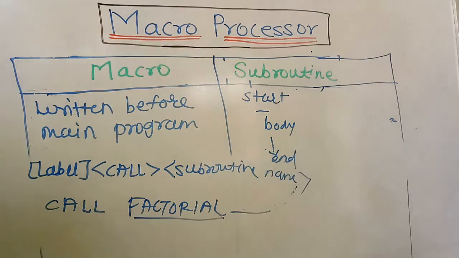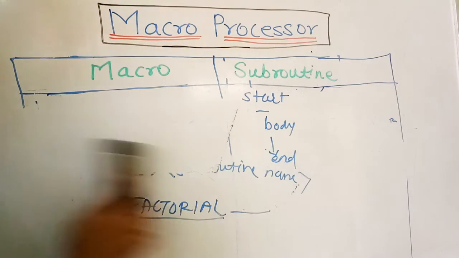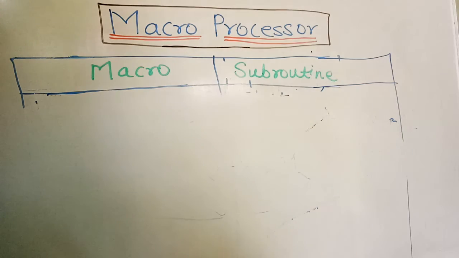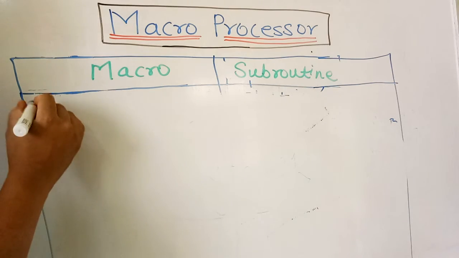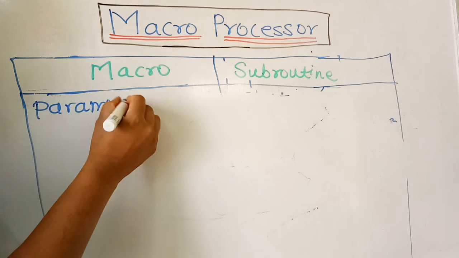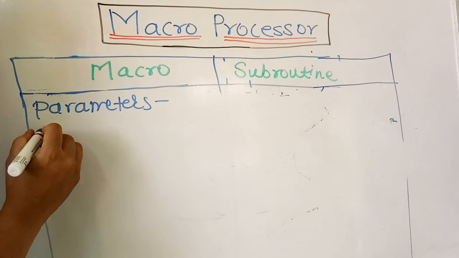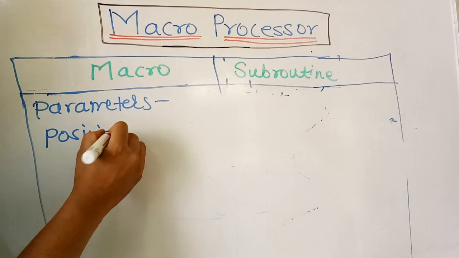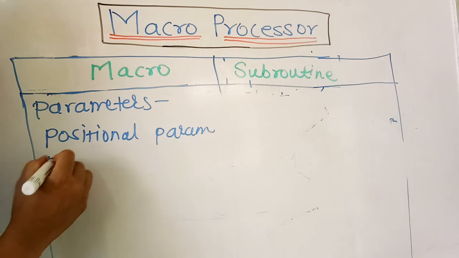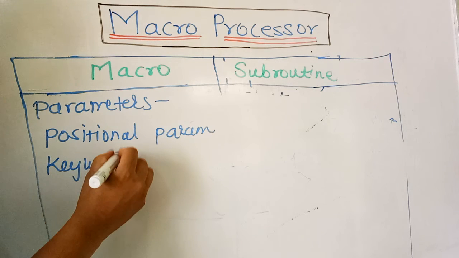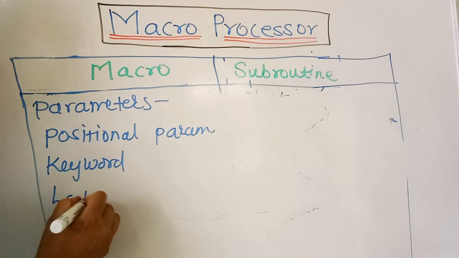What is the next comparative factor between the macro and subroutine? That is, macro uses many kinds of parameters. The different lists of parameters used in macro are, first, the positional parameters, second, the keyword parameters, and third, the label parameters.